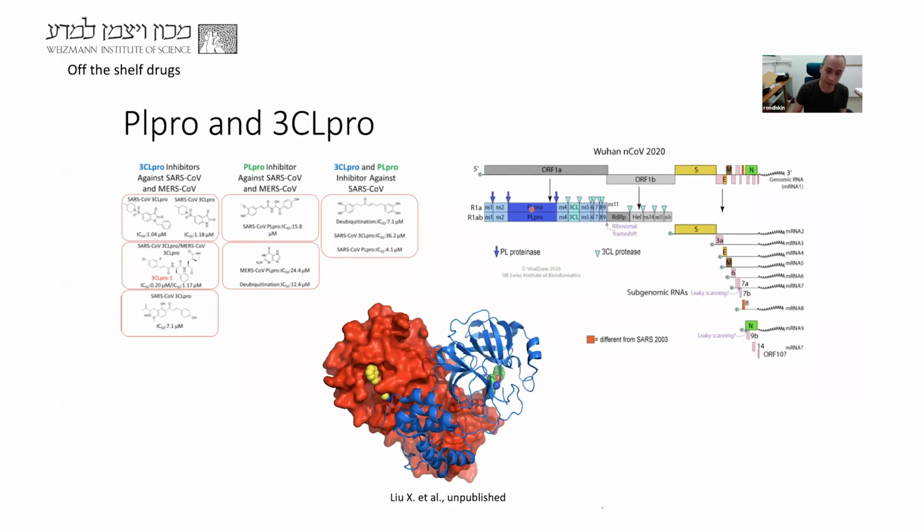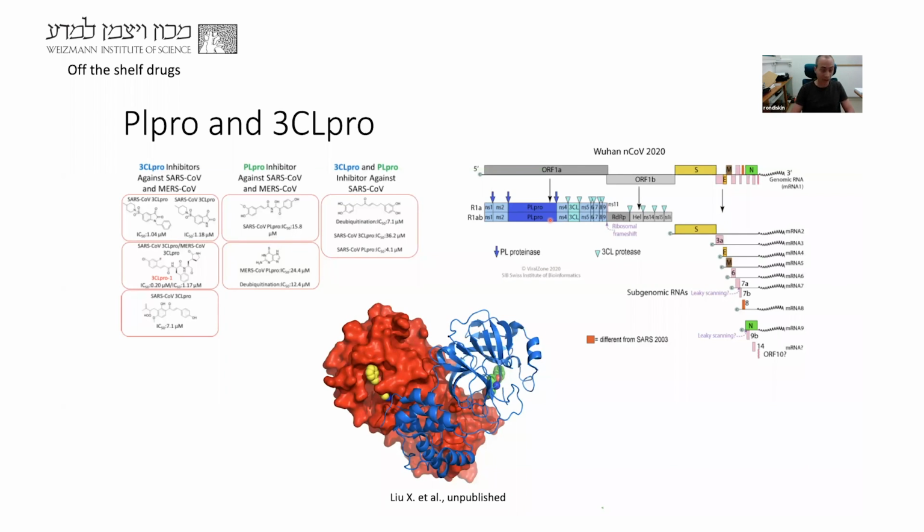Now, we know that the proteins of the current virus and the proteins of the previous SARS are very, very similar. In fact, in the active site, they're identical. So all of those compounds that were previously developed against the old virus will be effective against the new virus. The problem with those compounds is that they never reached any clinical testing.